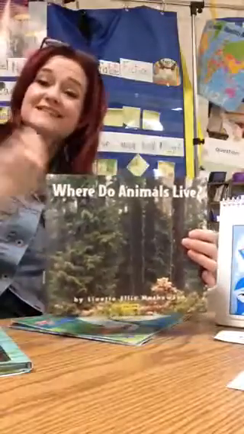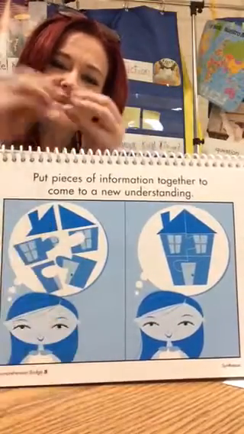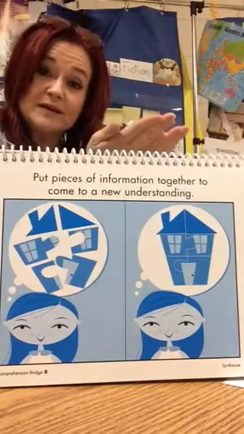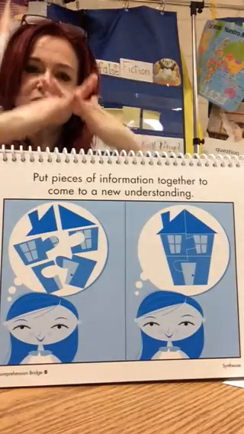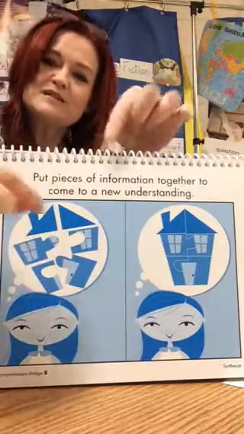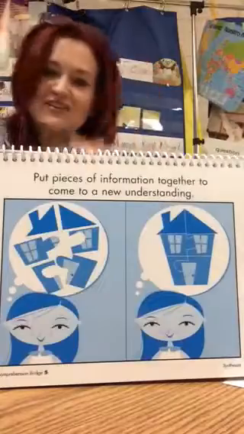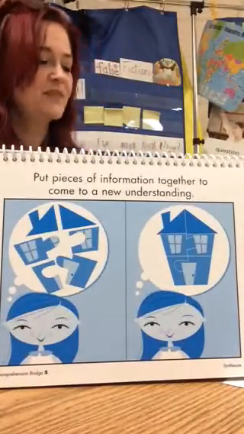Animals live in lots of different places. And this week, we're going to be thinking about little parts that we read and putting them together to understand. When we take the little parts and put them together, we understand.